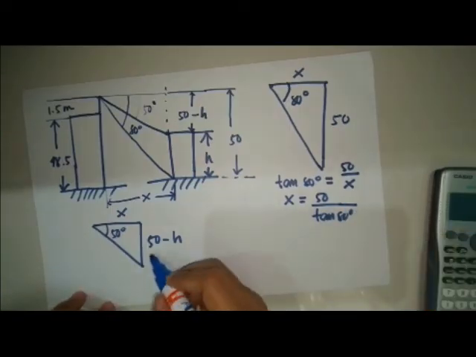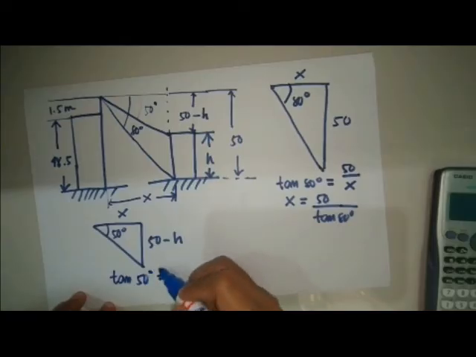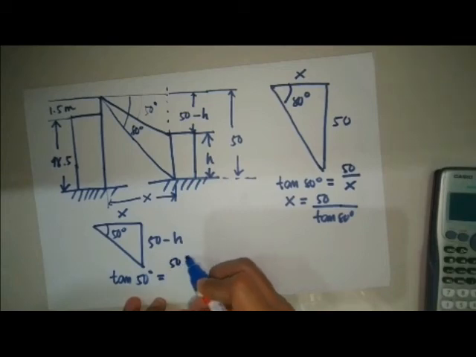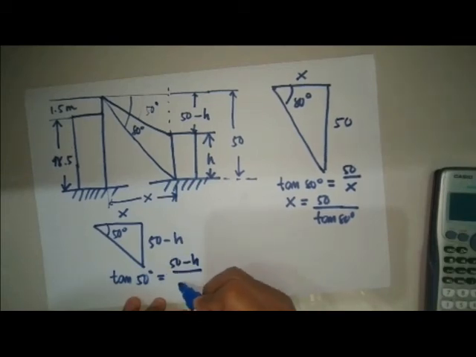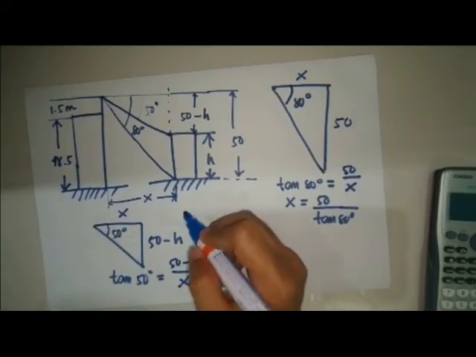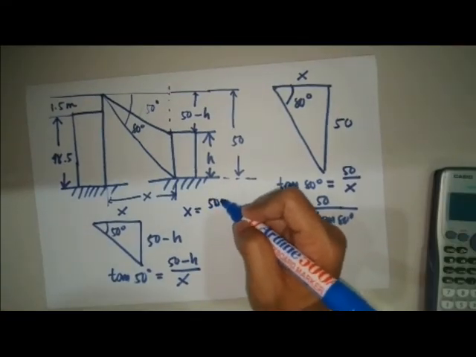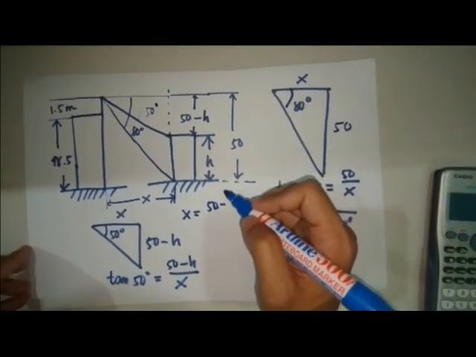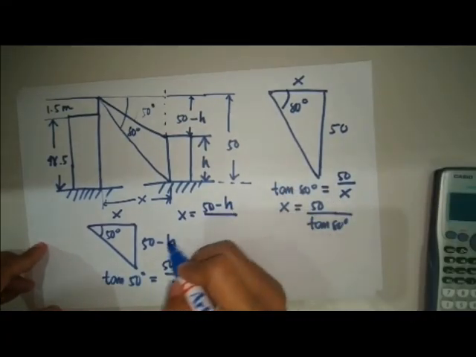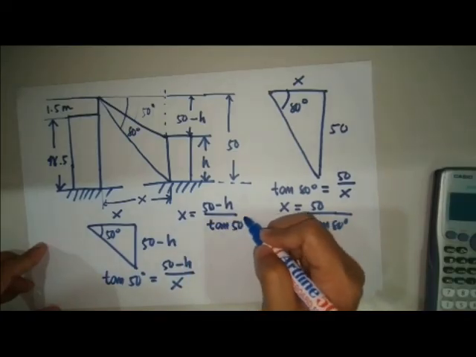For the second triangle, tangent 50 degrees equals the opposite, 50 minus h, over the adjacent side x. So x equals 50 minus h all over tangent 50 degrees.